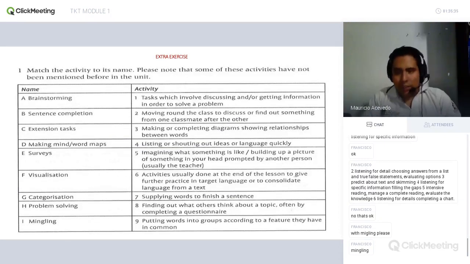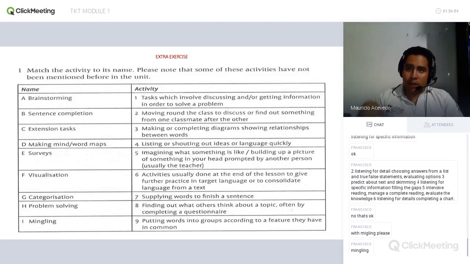Okay, mingling. Mingling is kind of complicated, but basically, imagine you have a topic. Well, let's talk about the favorite fruit. I want you guys, you tell this instruction to the teachers, I want you guys to give me your answer, what is your favorite fruit, and then complete with the other ones, or make your guess.